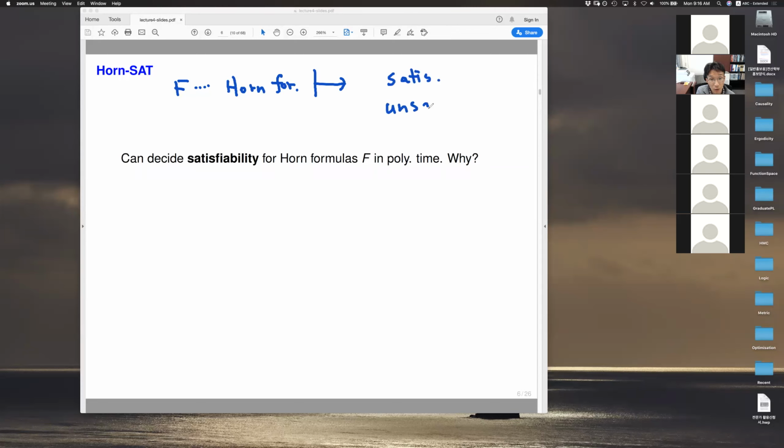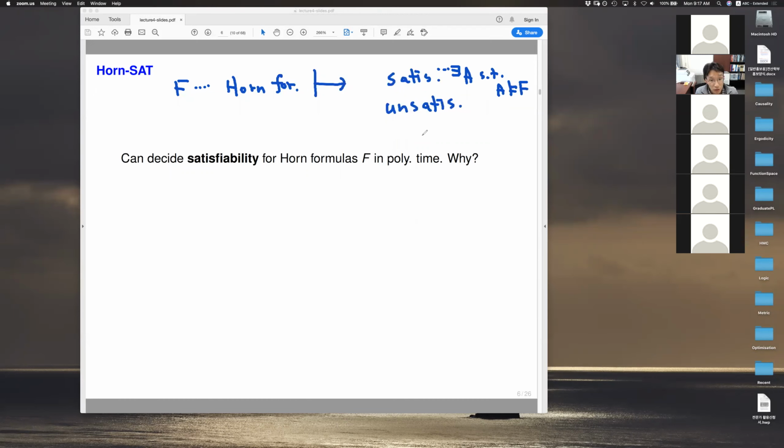So the input of our algorithm is a Horn formula. Output is either satisfiable or unsatisfiable. Satisfiability means that there exists some assignment to the propositional variables such that this assignment satisfies the formula f. Unsatisfiability means such an assignment doesn't exist.